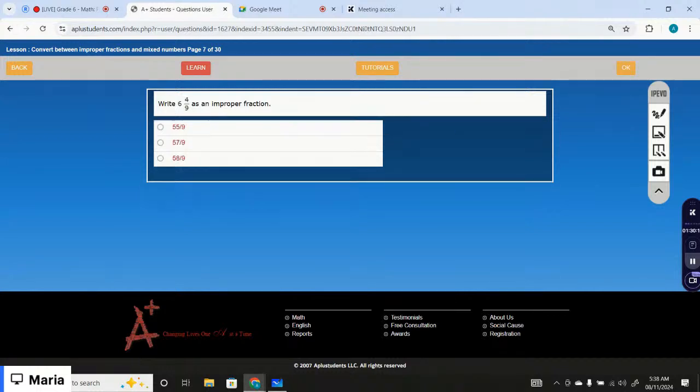Write 6 whole 4 by 9 as an improper fraction. So which is the correct option?